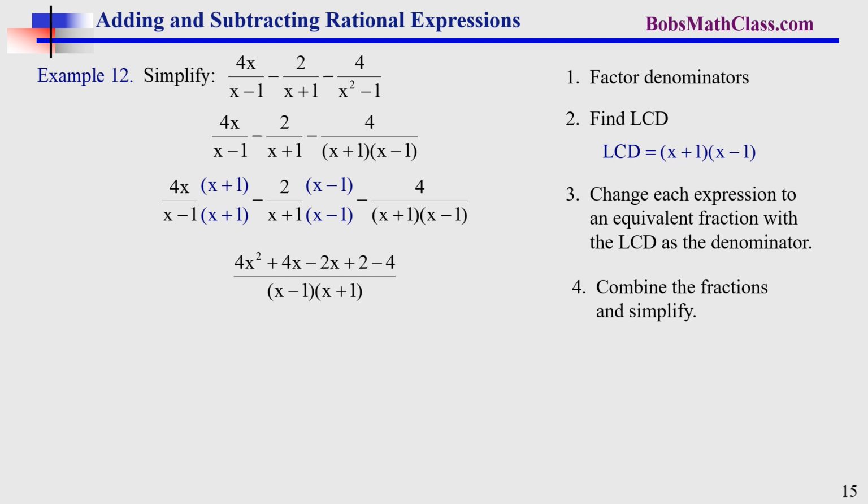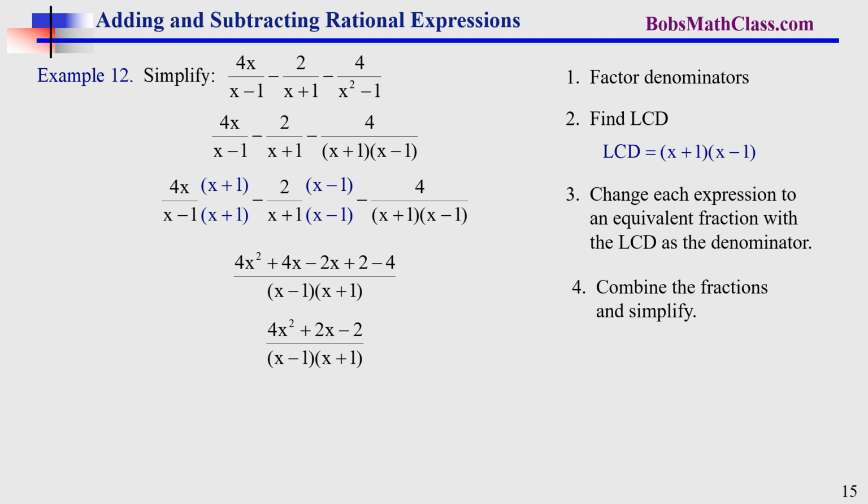So distribute the 4x, the negative 2. So 4x squared plus 4x minus 2x plus 2 minus 4. Add like terms. 4x minus 2x, that's a 2x, and 2 minus 4 is negative 2. So 4x squared plus 2x minus 2.